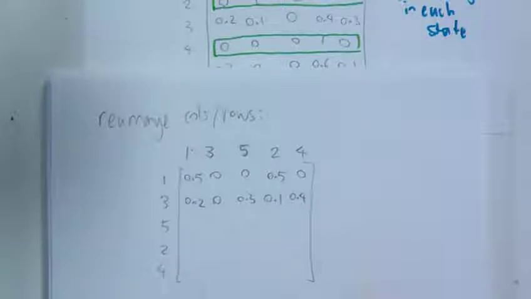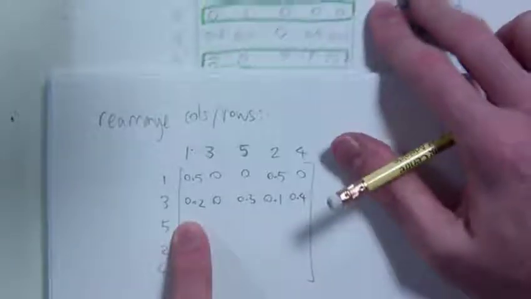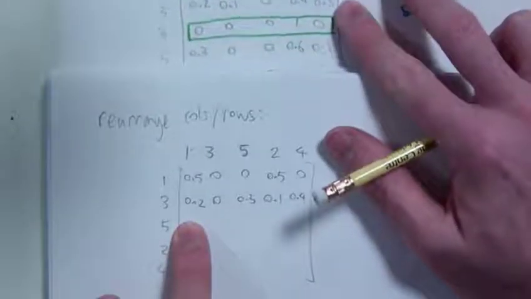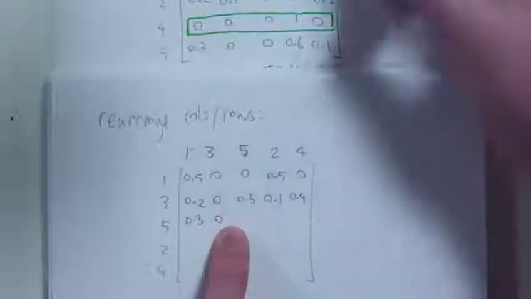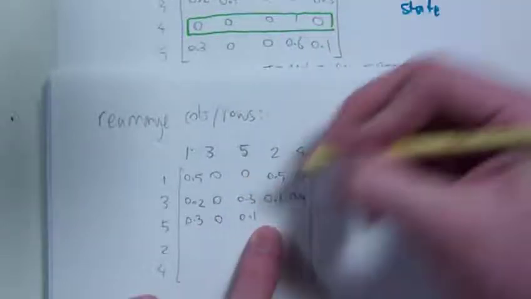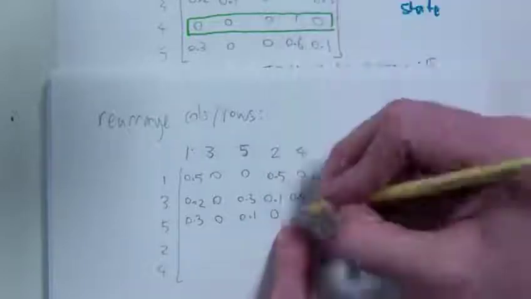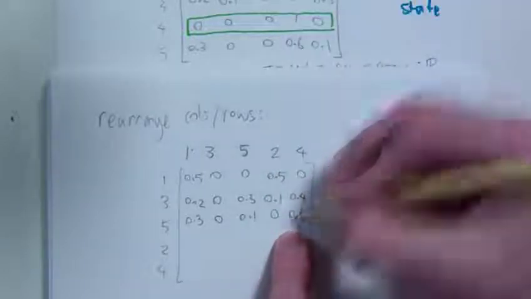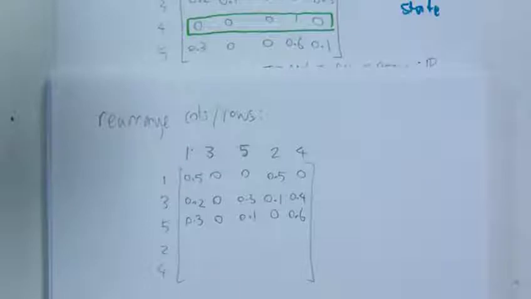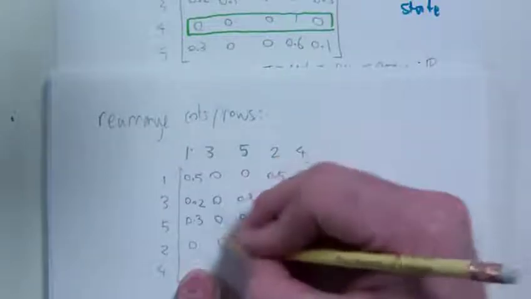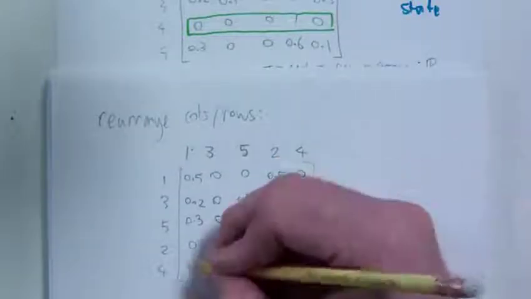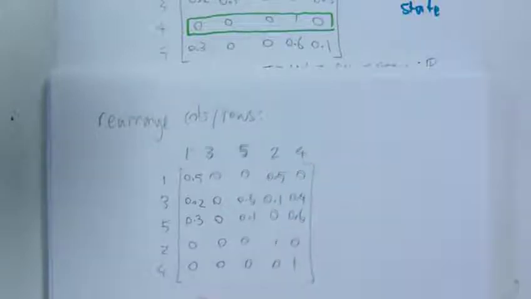sorry, I'm not up to state 4, I'm up to state 5. So for state 5, it's 0.3 for state 1, state 3 would be 0, state 5 would be 0.1, state 2 would be 0, state 4 would be 0.6. And now I'm up to the absorbing states. State 2 is an absorbing state, it only ends up back in state 2, and state 4 is an absorbing state, it only ends up back in state 4.